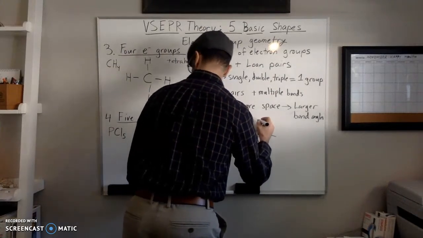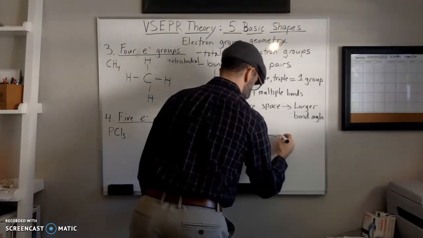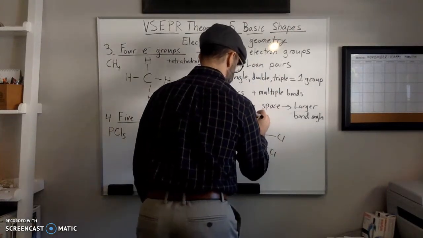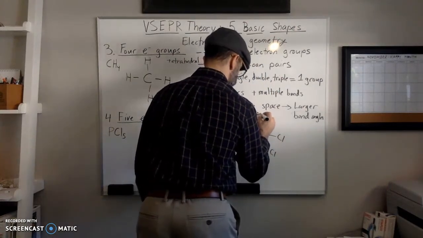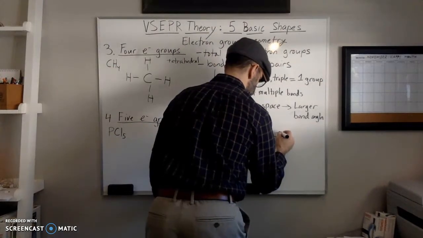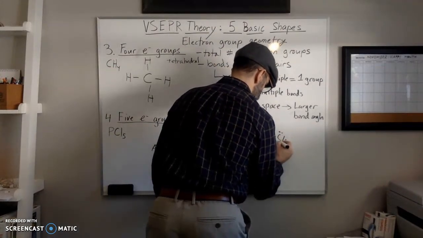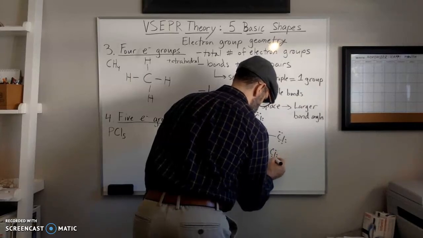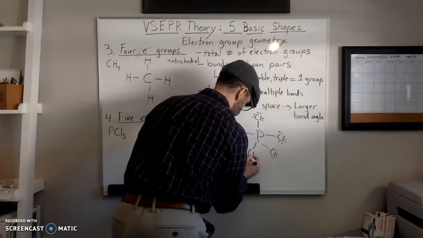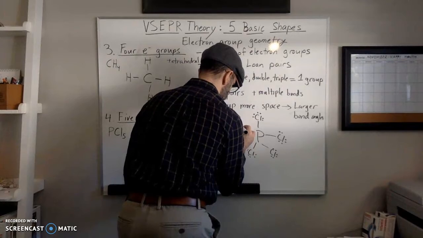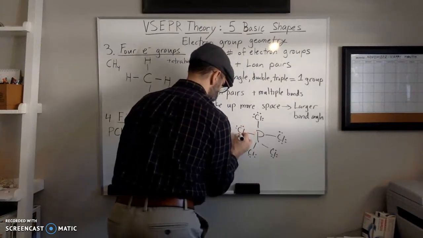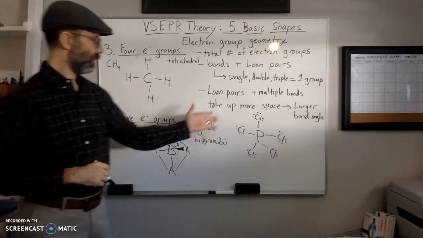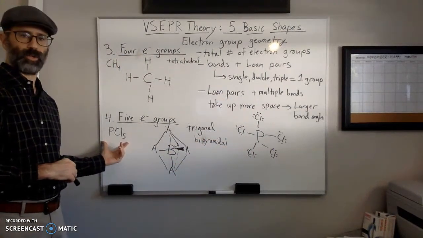So I draw chlorine, so Cl, Cl, Cl, Cl, Cl, and all of them have 3 lone pairs. So this is what my Lewis dot structure is going to look like. And here's the last one. So that's what my Lewis dot structure looks like for this molecule here.